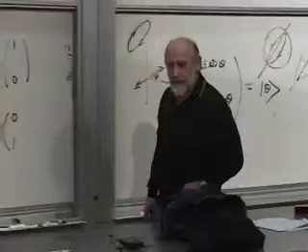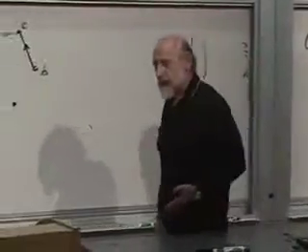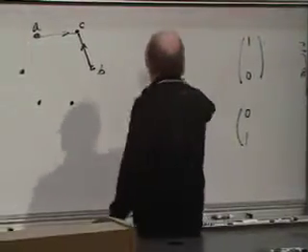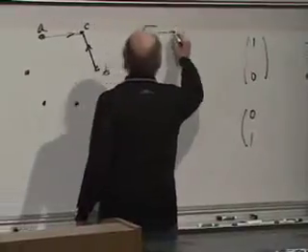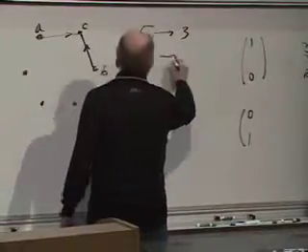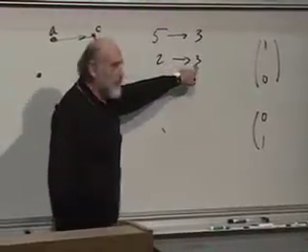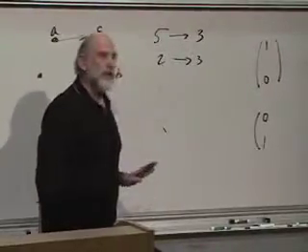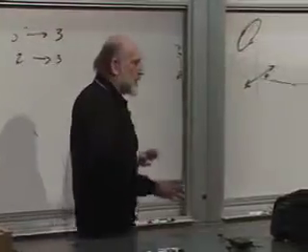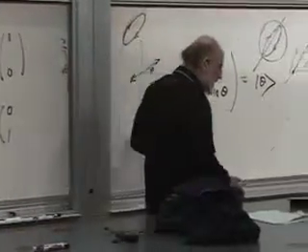For example, if our rule of evolution for dice was that 5 goes to 3 and 2 goes to 3, then if we arrived at 3, we wouldn't know if we came from 5 or 2. That's not allowed in classical physics.